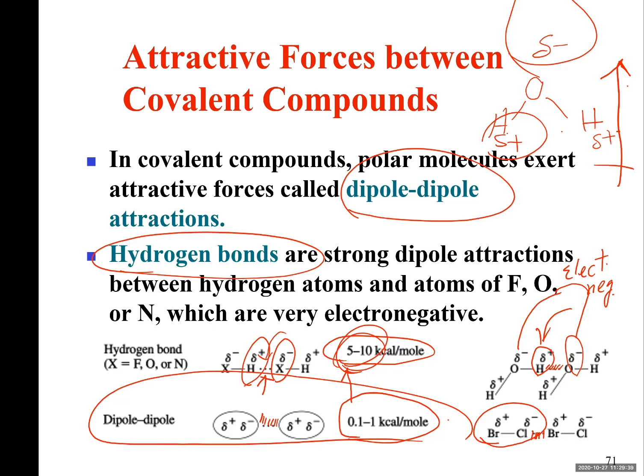So can I say now, so far, we know three types of interaction. One is ion-ion interaction. The other one is hydrogen bonding. The third one is dipole-dipole. So all of these are resulting a liquid to become solid.